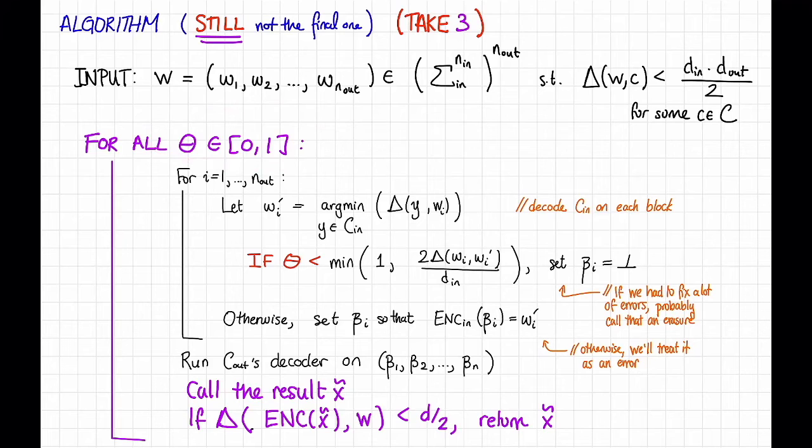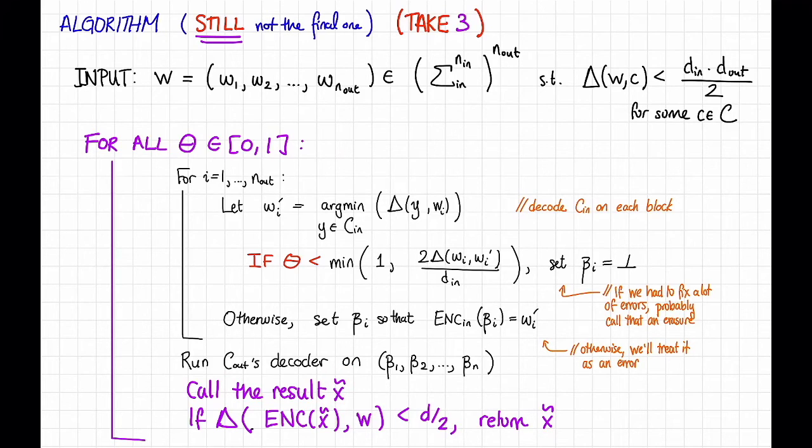Imagine that we could exhaust over all thetas in this uncountable set. So then we're looping over all of these uncountably many thetas. We're doing the same thing that we did before, and then we're going to get some result x-twiddle from the output of C_out's decoder. If x-twiddle happens to be close to w, then we'll return x-twiddle and say, hooray, we found the right answer.